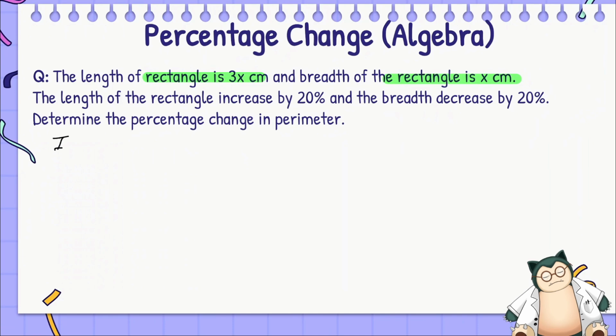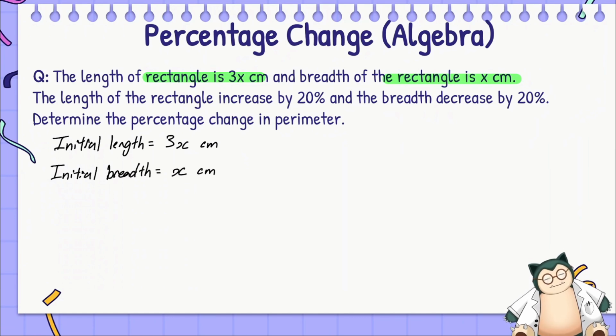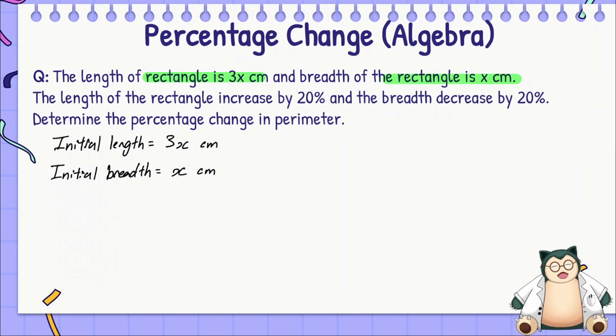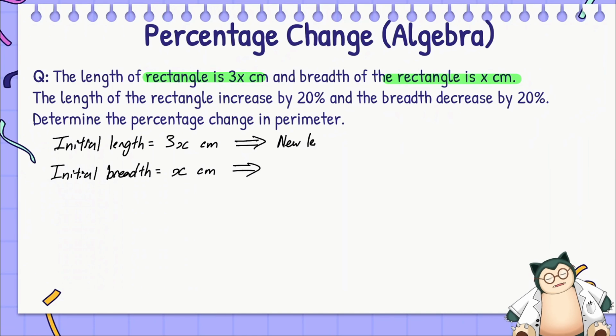Let's write down: initial length equals 3x centimeters, and our initial breadth equals x centimeters. Now let's try to find our new length.